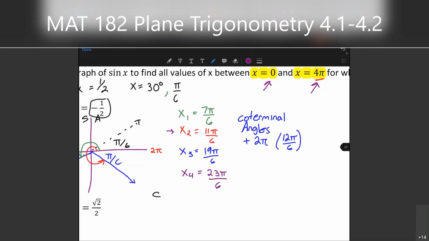And there would be my full set of 4 solutions from 0 to 4 pi. And we can just do a double check here that notice that 4 pi is equivalent to 24 pi over 6. So each of those angles are between 0 and 24 pi. So we're definitely safe with those 4 solutions. So those would be what we'd want to enter.